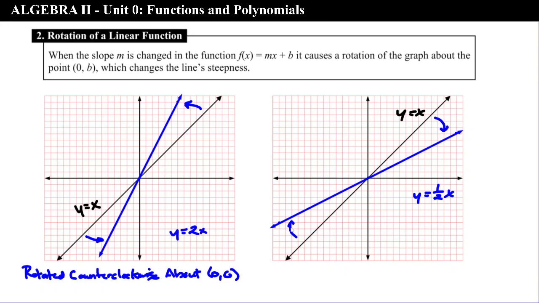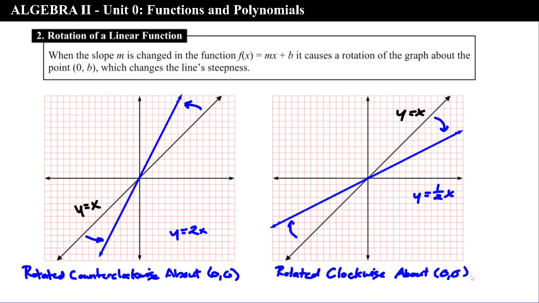All we really did was change the steepness of the line, but it gives the appearance that it rotated, which is why this transformation is called rotation. This one we can say was rotated clockwise, and again, about 0, 0, because that's where the rotation occurred.